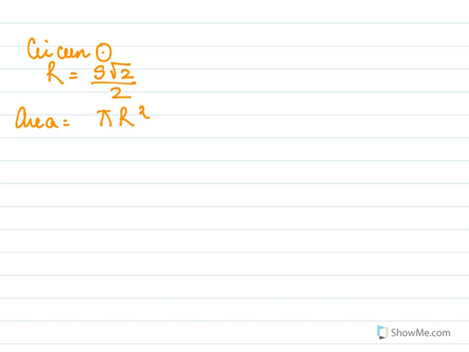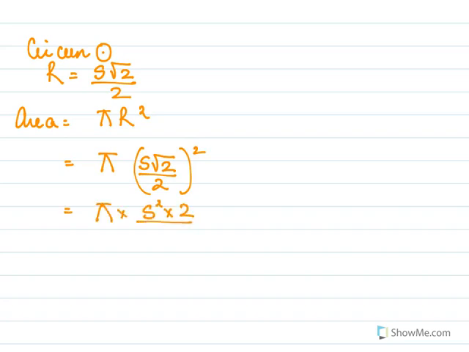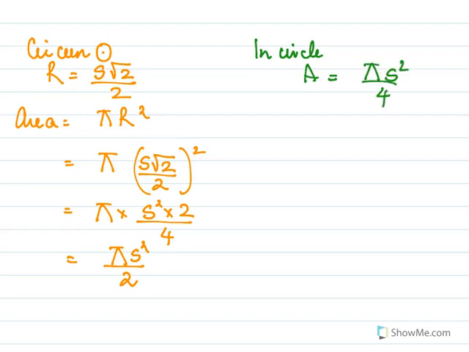Now the area we know is pi r square, which means pi, the r is S under root 2 over 2, the whole square. So that is pi into S square into 2 over 4. So I cancel it, and the area will be pi S square over 2. And for the incircle, we already found the area is pi S square over 4.